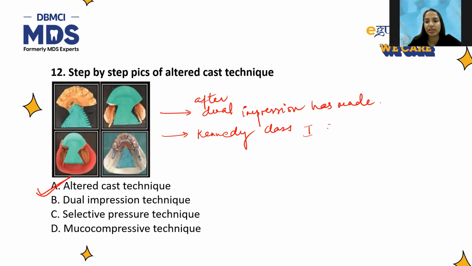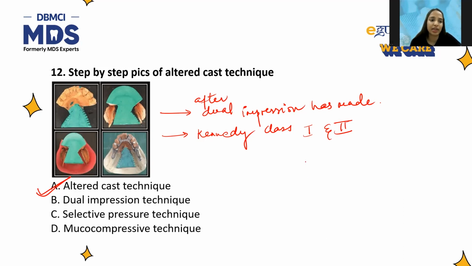So all of your distal extension cases where you want to record the tissue in the functional state and tooth in the anatomic state, you have to make a dual impression. After making the dual impression, you want to take the functional impression back to your original primary model which you had. So there you use a technique to alter the cast, which is called an altered cast technique.